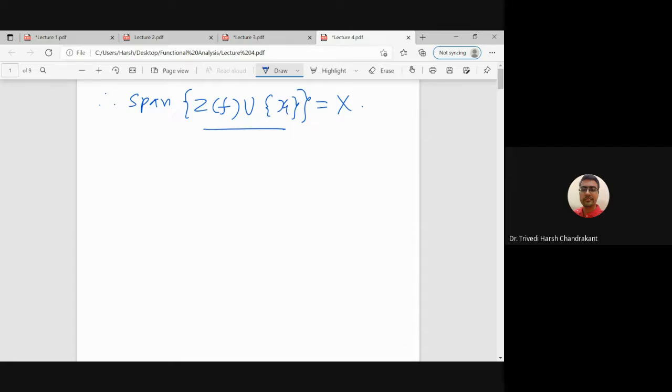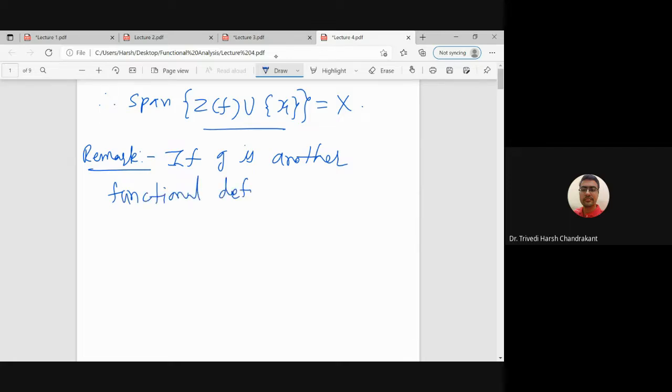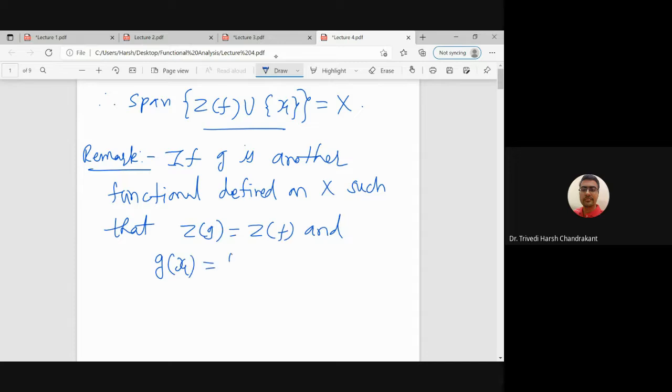Alright, so what is the use of this result? Suppose G is another functional defined on X such that the null space of G is the same as the null space of F, and G(x1) is F(x1).